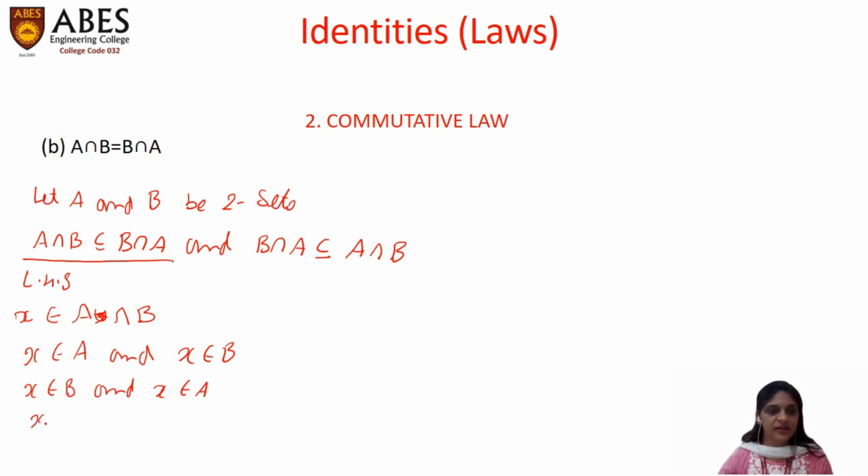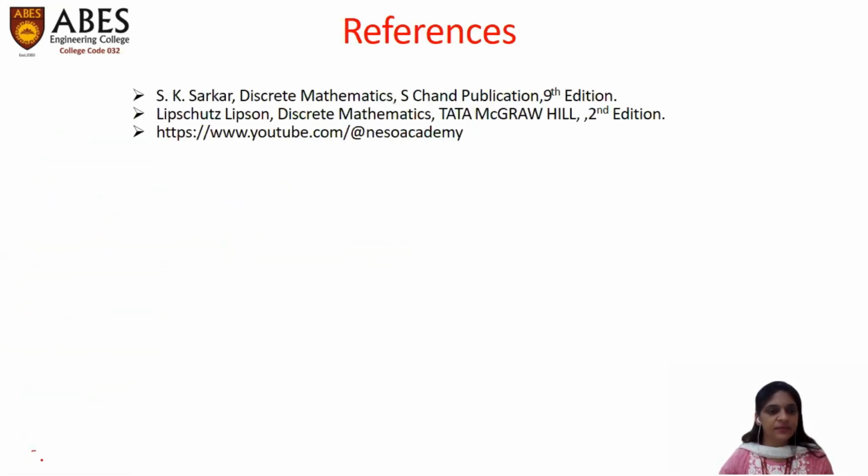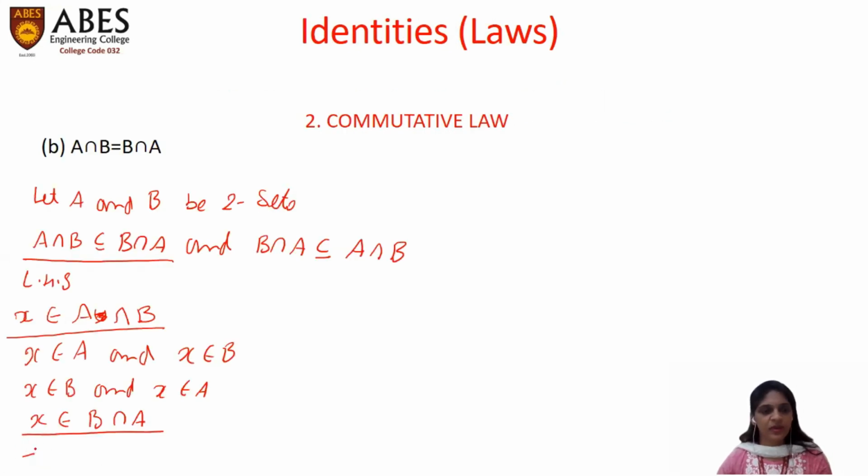So we can write over here like X belongs to B intersection A. Here we are saying that X belongs to A intersection B, and here we are saying that X belongs to B intersection A, which means that A intersection B is a subset of B intersection A. So this is equation number 1.